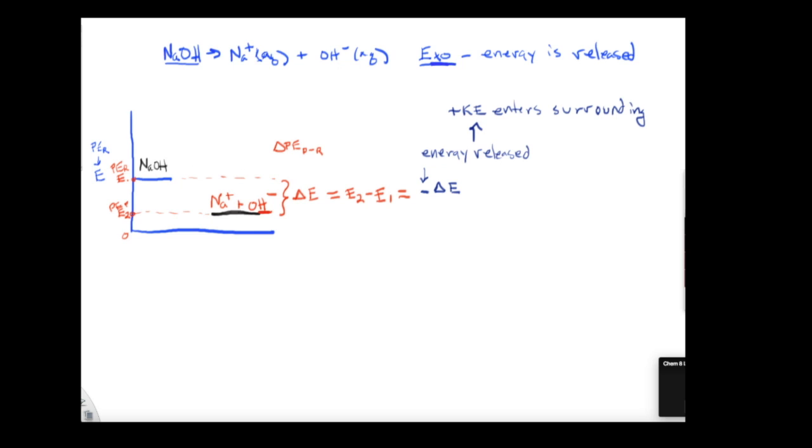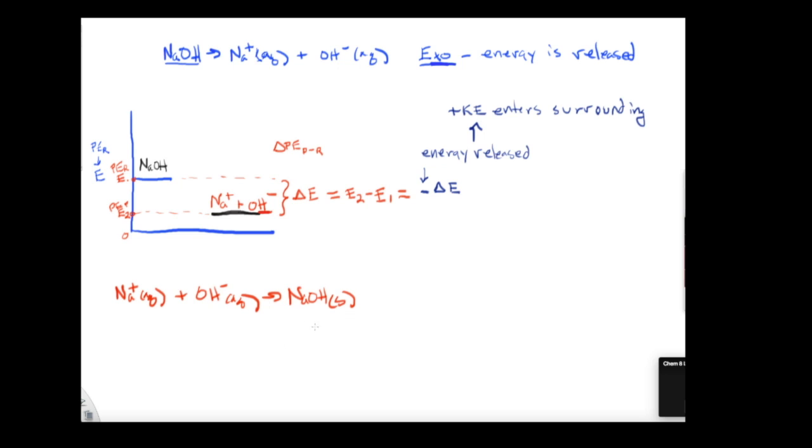All right, now, if we reverse this reaction, so now we're talking about a scenario where we take Na+, that's aqueous, and we add it to OH-, aqueous, and we make NaOH as the product, solid.